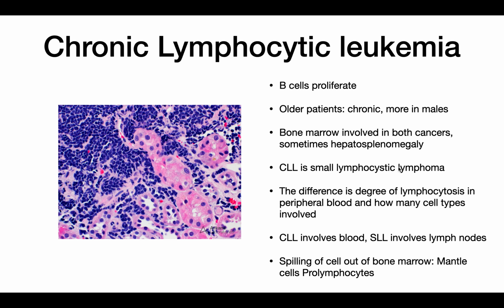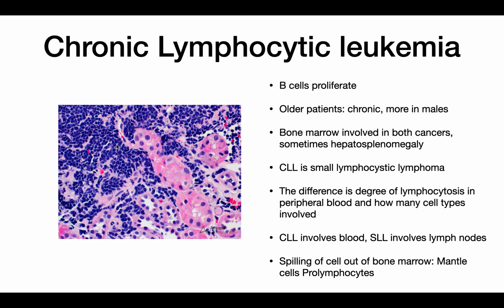Chronic lymphocytic leukemia is going to involve more blood cells or different types of cells, and they are going to be found more in the peripheral blood, while the small lymphocytic lymphoma is really going to be sequestered in lymph nodes. So when they spill out of the bone marrow, in both cases, the mantle cells and the prolymphocytes are going to be present.